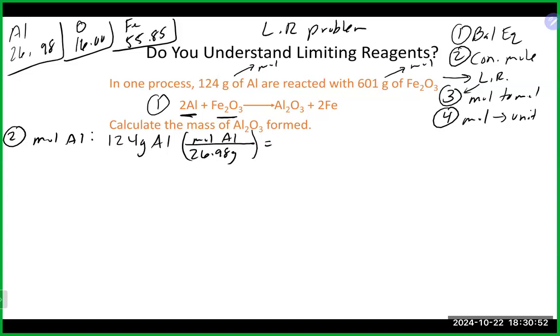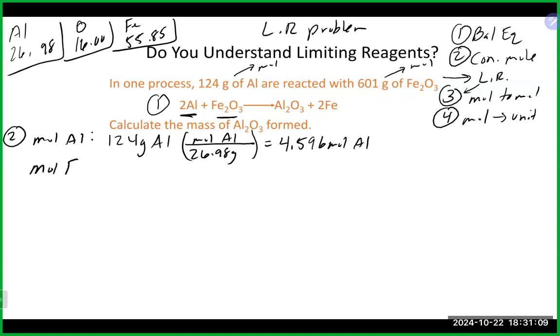That's going to give me here 124 divided by 26.98. We'll go with 4.596 moles of aluminum.